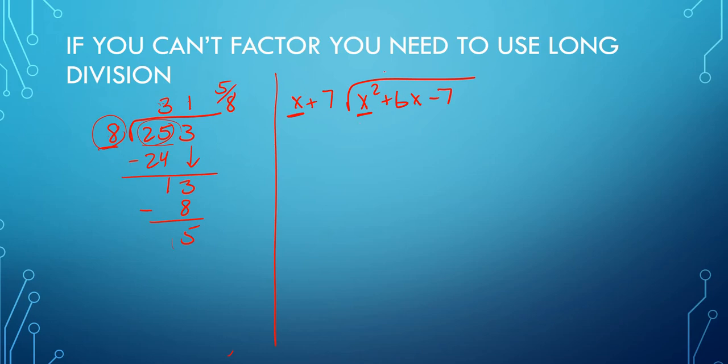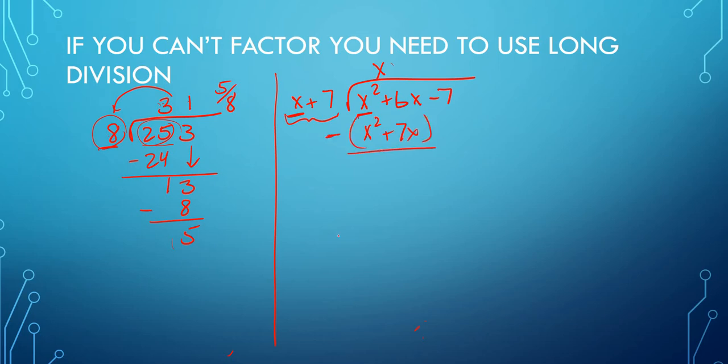X times what gives me x squared? That's going to be another x. Since I don't have hundreds, tenths, units places like over here, you can put that x anywhere you want. The next thing I did was multiply 3 times 8, so I'm going to multiply x times the whole binomial. X times x is x squared. X times 7 is 7x.